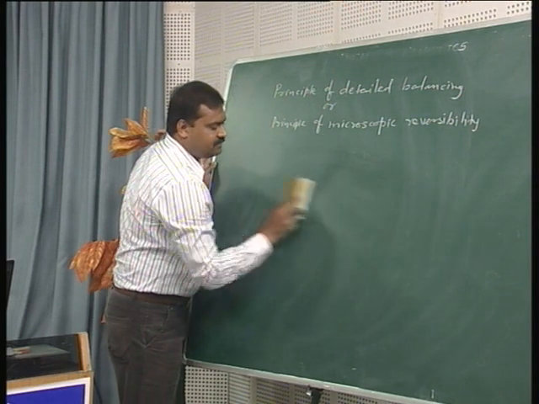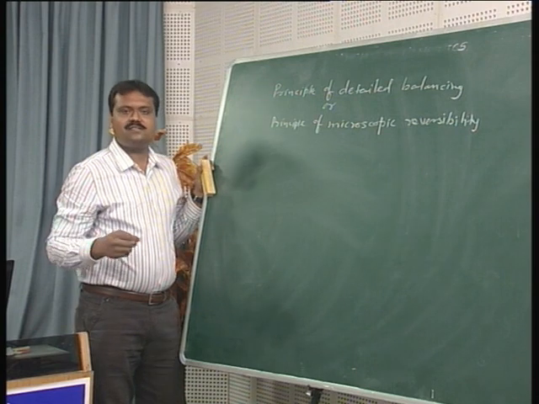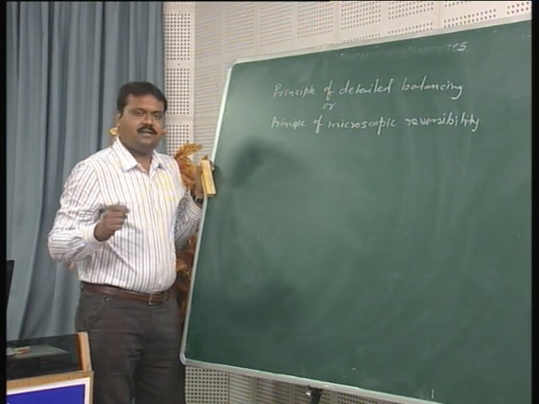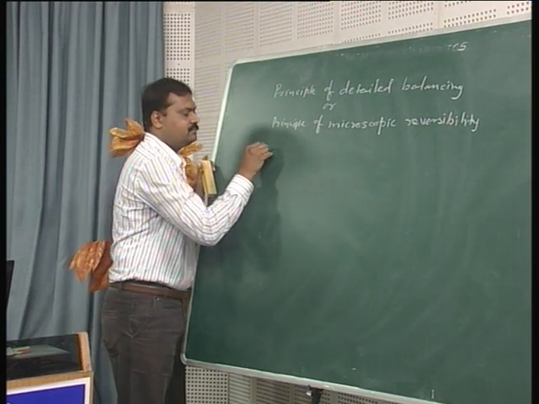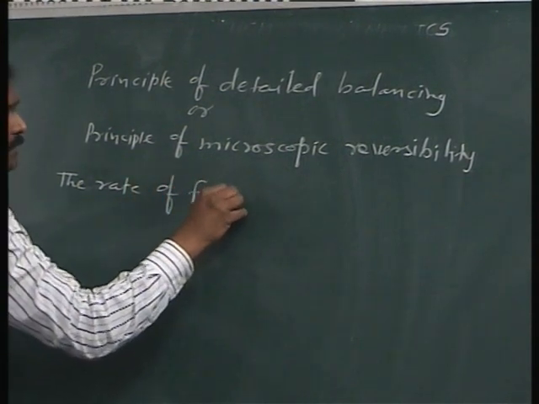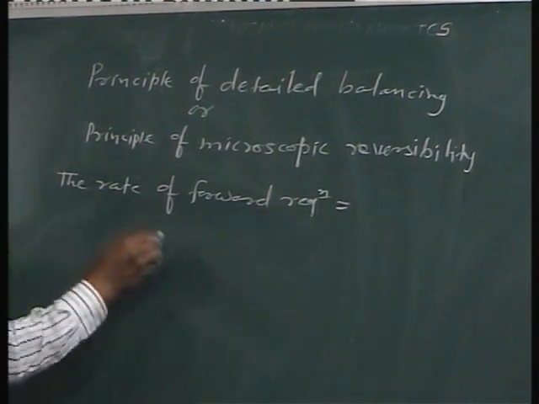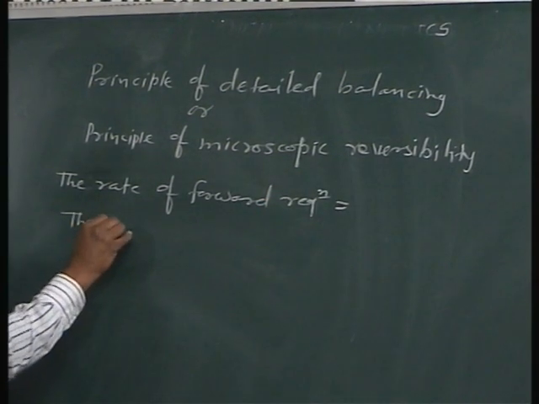This principle is based on one fact that when a reaction reaches equilibrium, the rate of forward reaction becomes equal to the rate of its reverse reaction.